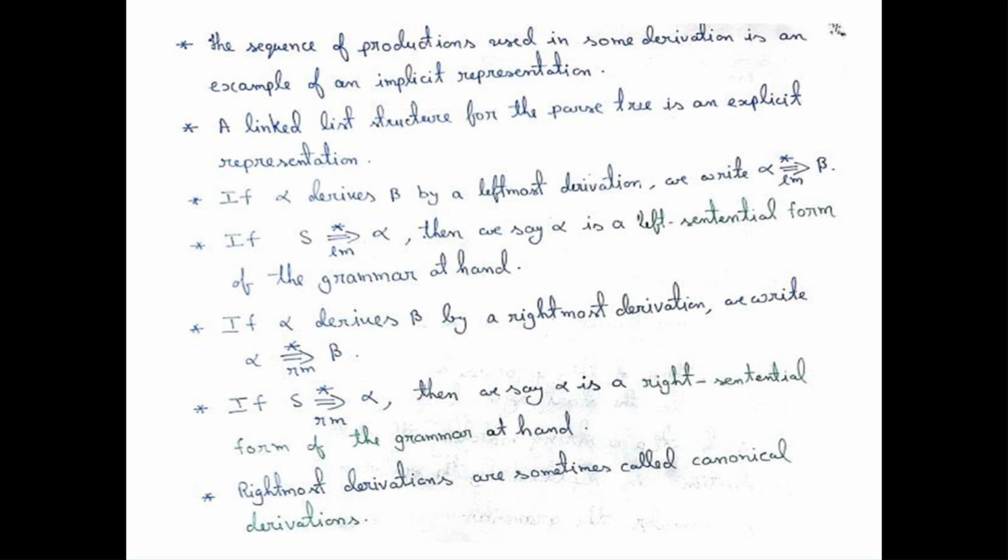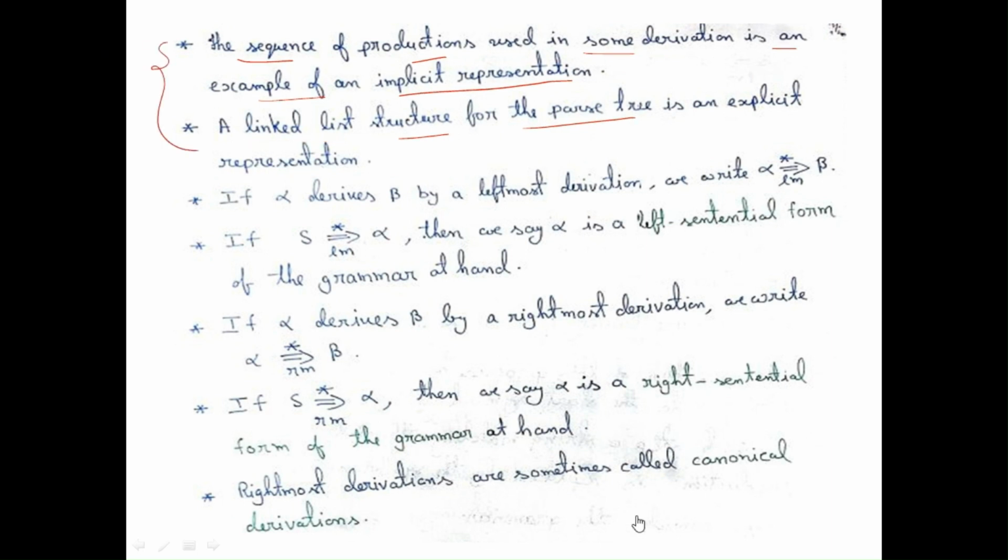Now coming on to some important facts and points. The sequence of productions used in some derivation is an example of an implicit representation. Fine. A linked list structure for the parse tree is called an explicit representation.